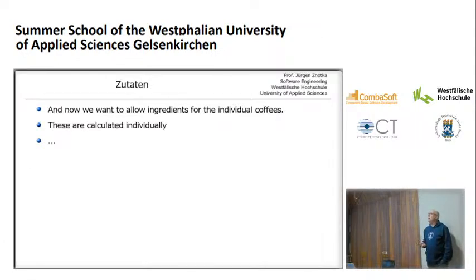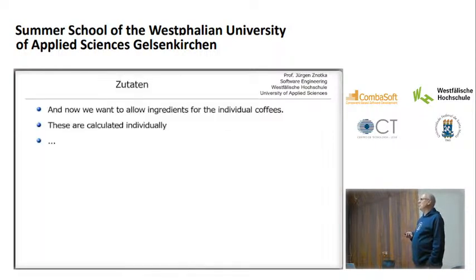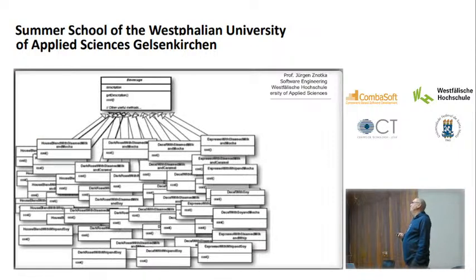Now we want to allow ingredients for the individual coffees. These are calculated individually. If you want to have milk for it, you have to pay for it. If you want to have sugar, you have to pay for it. And anything else. So we have plenty of different coffees.